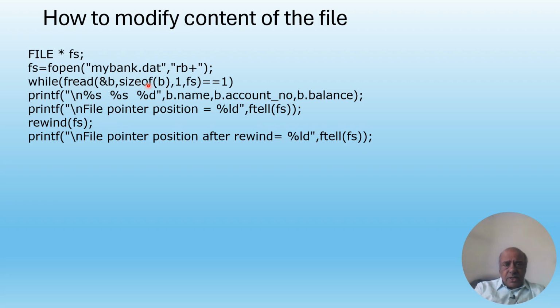When we read this file, the pointer moves to the last entry, the last record of the file. Now through the rewind function we bring the pointer back to the 0th position of the file. The rewind function returns a long int as a value.